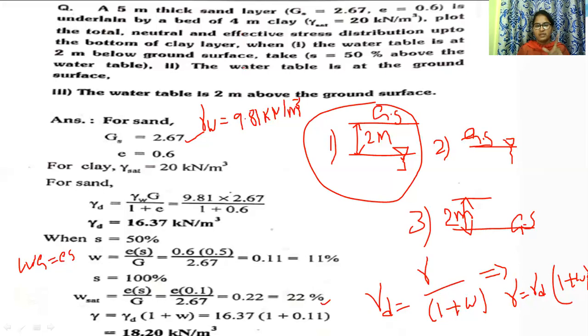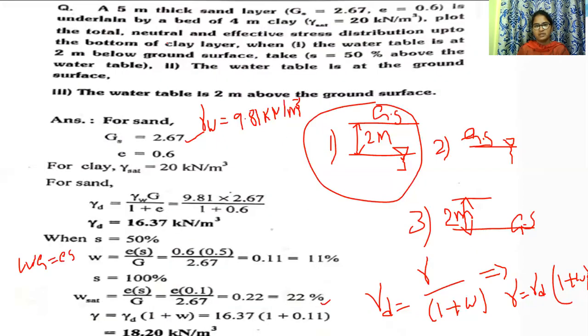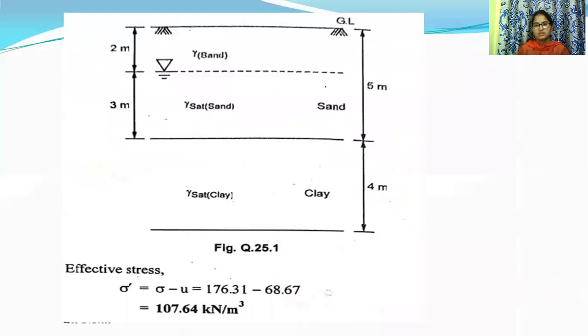So 5 meters one layer, 4 meters one layer: 5 meters thick sand and 4 meters thick clay, two layers, as indicated in our problem. So the condition is the water table is located 2 meters below the ground surface.